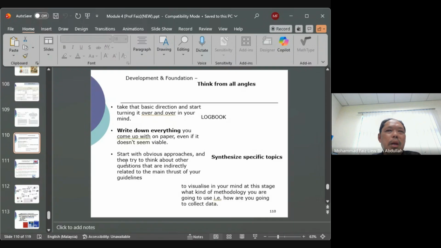Like my PhD work, initially my supervisor wanted me to do an automatic adjustment of bandwidth. But in the end, when I completed, I had both automatic control of bandwidth and automatic control of the gain. So two things at one time. This is how you start to question and think of other work on how to start off.